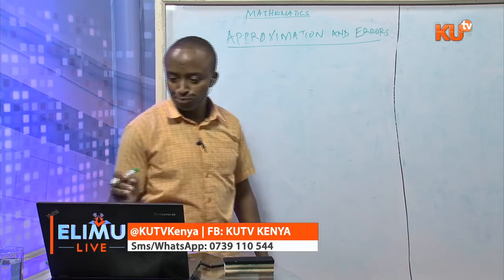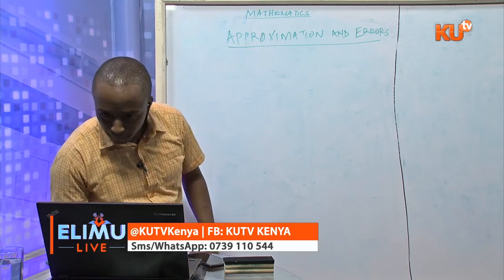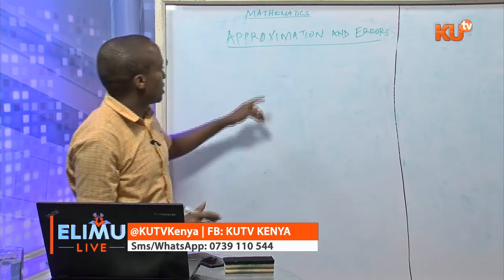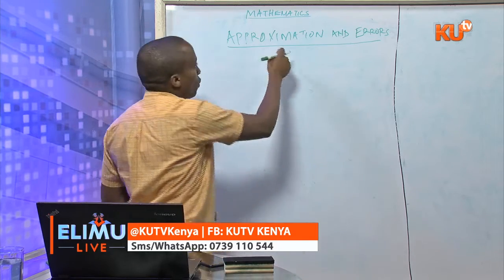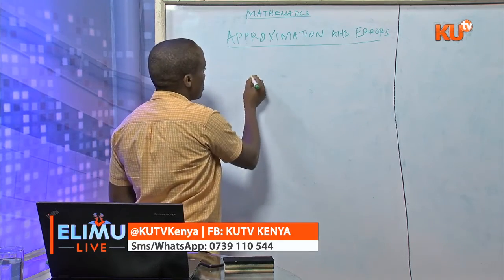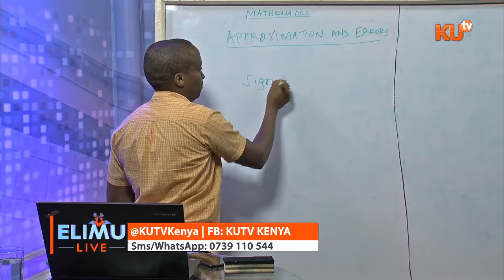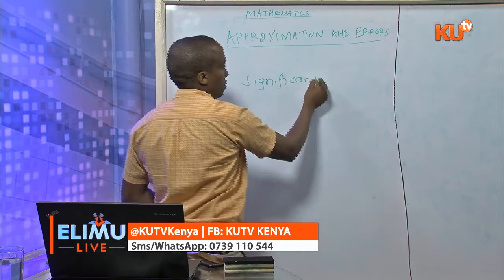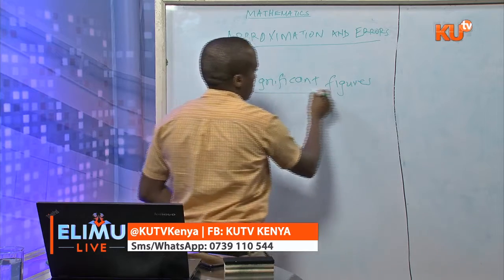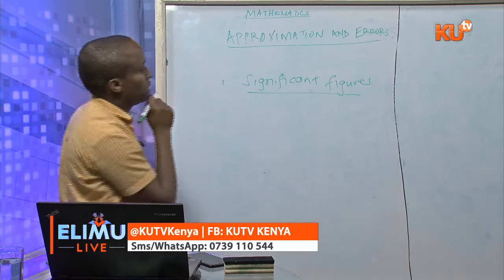So about the approximation and errors, there's something that we need to know before we go to the prerequisites of this topic. That is the significant figures. This is one of the areas that we need to know in this topic.